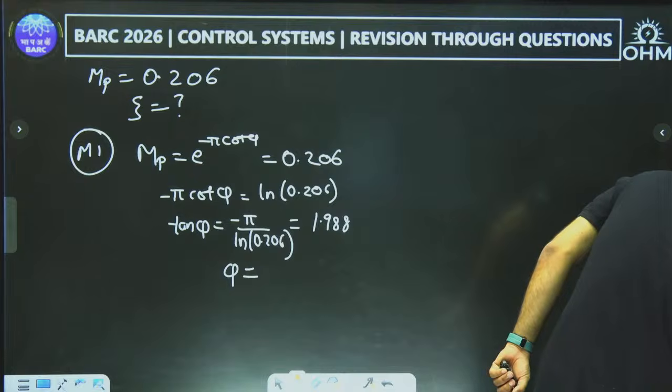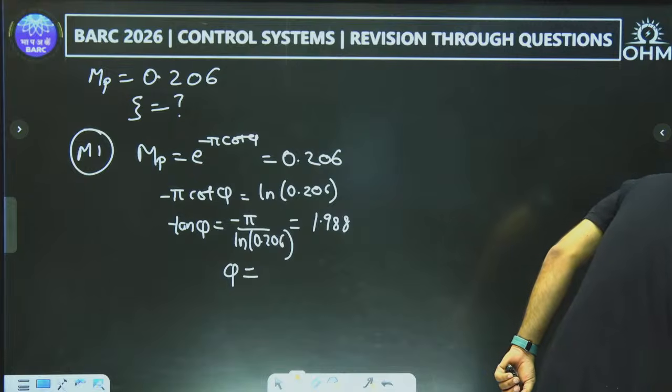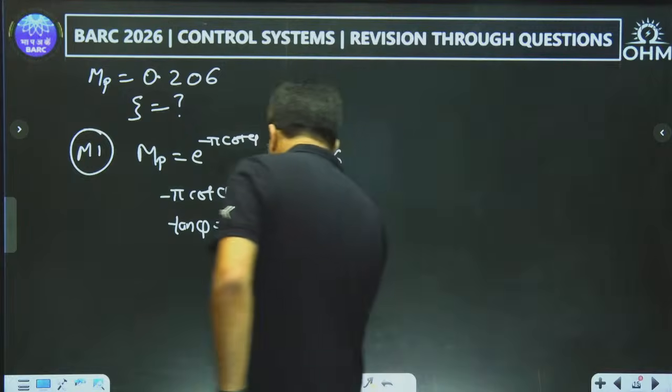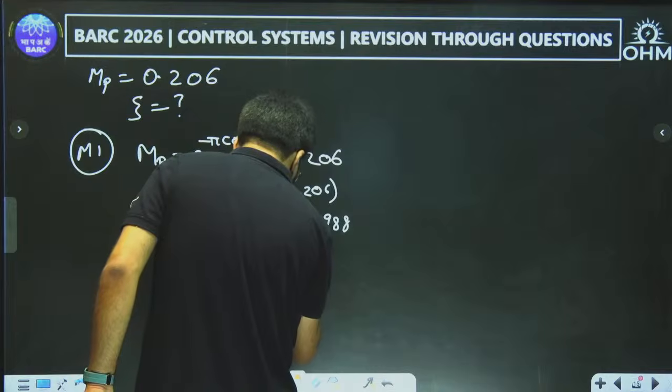When you take the tan inverse here, it is 63.3 degrees.